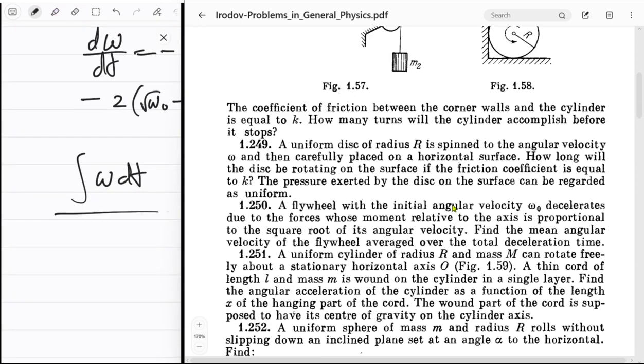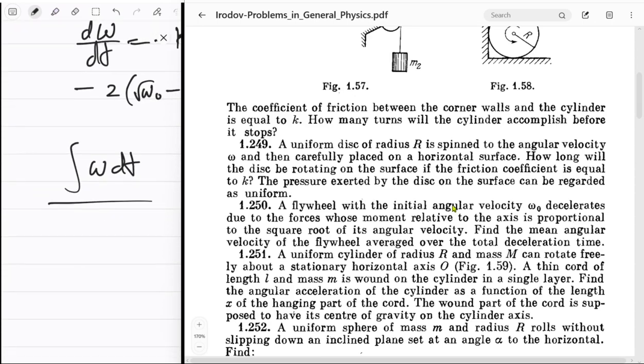And then divide this by the time required, which is the integration of dt. What is dt, by the way? It's like d omega upon alpha, or negative alpha, whatever. Hey, that's better, isn't it?